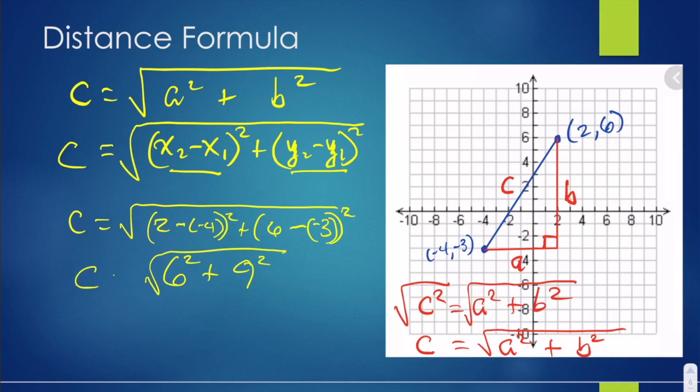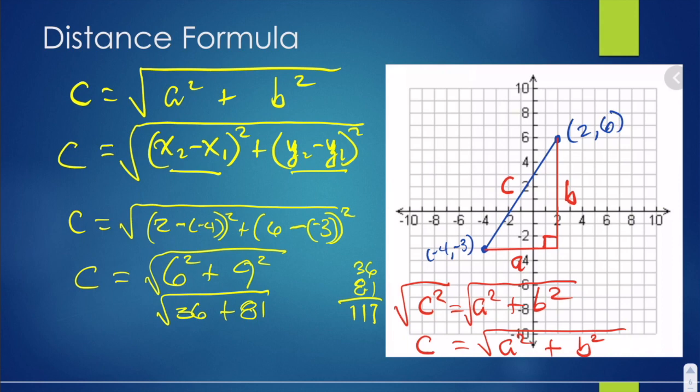So C is equal to the square root of 6 squared plus 9 squared in this problem, and 6 squared is 36, and 9 squared is 81. Let's see, 36 and 81 gives me a 7 there, and 3 plus 8 is 117.